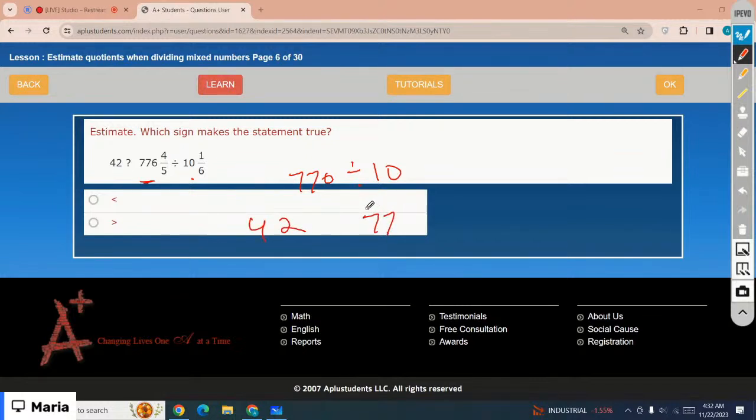So 42 is less than 77. The correct option is less than, right?